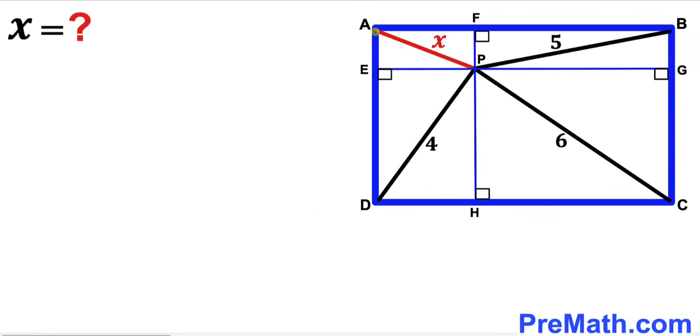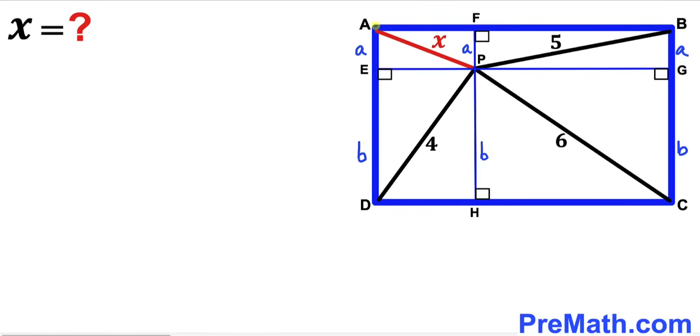And here's our next step. I'm going to label this segment AE as lowercase a, this segment ED as lowercase b. Then likewise, this segment FP is going to be lowercase a, and this segment BG is going to be lowercase a, and this is going to be lowercase b, and likewise lowercase b as well.